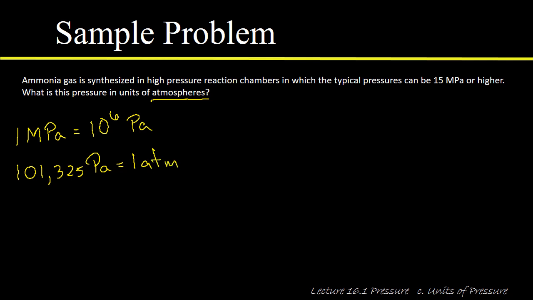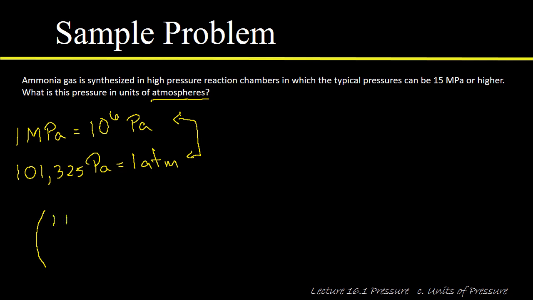Okay. So we can use each of these relationships to make a conversion factor. Let's take the first one, megapascals and pascals. Remember that the way dimensional analysis works is we make conversion factors by making fractions that are equal to 1. And a fraction that's equal to 1 is anything where the numerator and the denominator are equal.